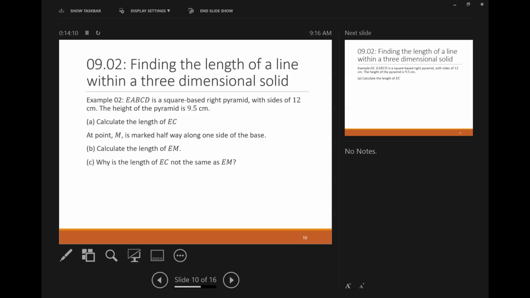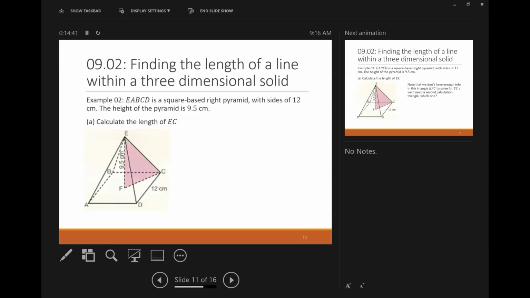We're going to calculate the length of EC, and then where M is a midpoint of one of the sides, we're going to find the length of EM and the length of EC and explain why it's not the same as EM. Okay, so we're asking you to do several things here. We have a picture coming. If you're curious, it's coming.